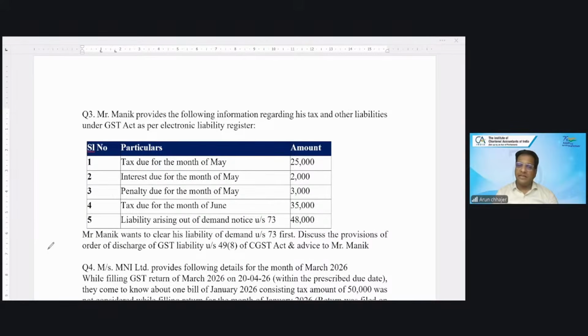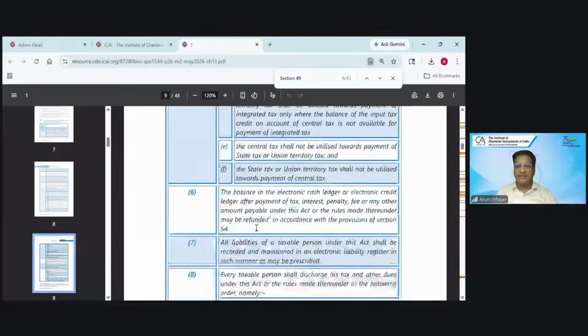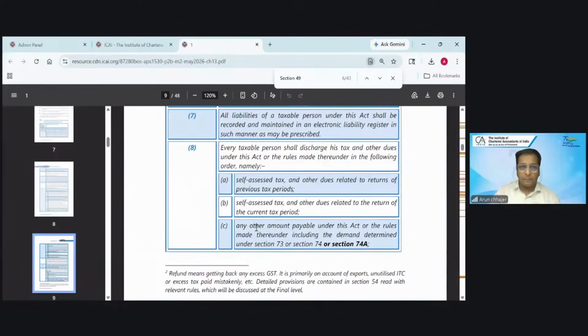What is the liability? Let me share the screen. If we read 49 subsection 8, let's read for the benefit of all the participants.